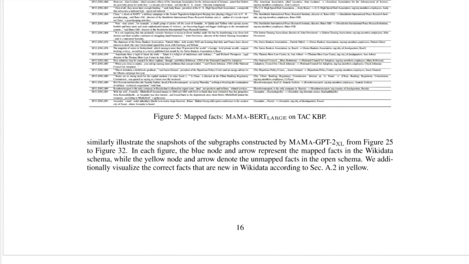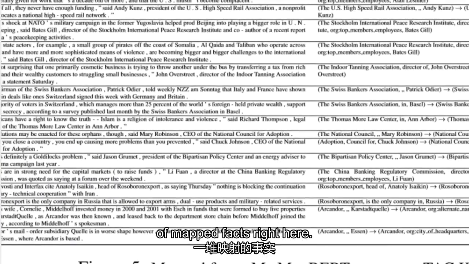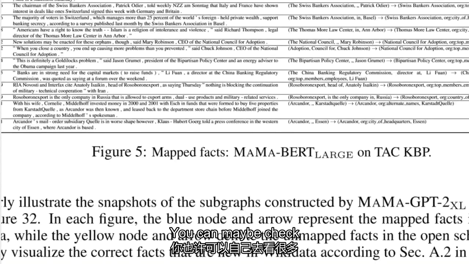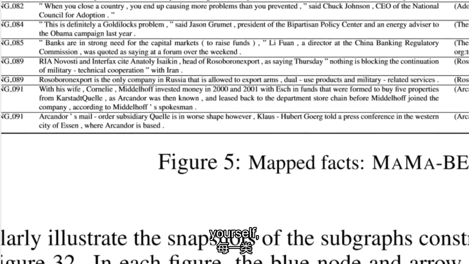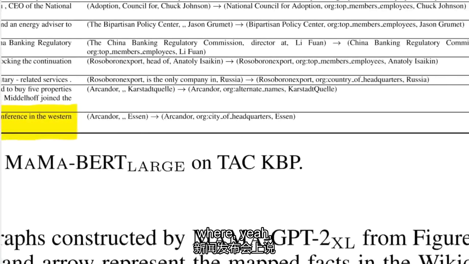Okay, so let's look at a bunch of mapped facts right here. You can maybe check out a lot of them yourself, but we'll just look at one in each category. Blah, blah, blah's male, yada, yada, is in worse shape. However, Klaus told a press conference at the western city of Essen where yada, yada, yada.